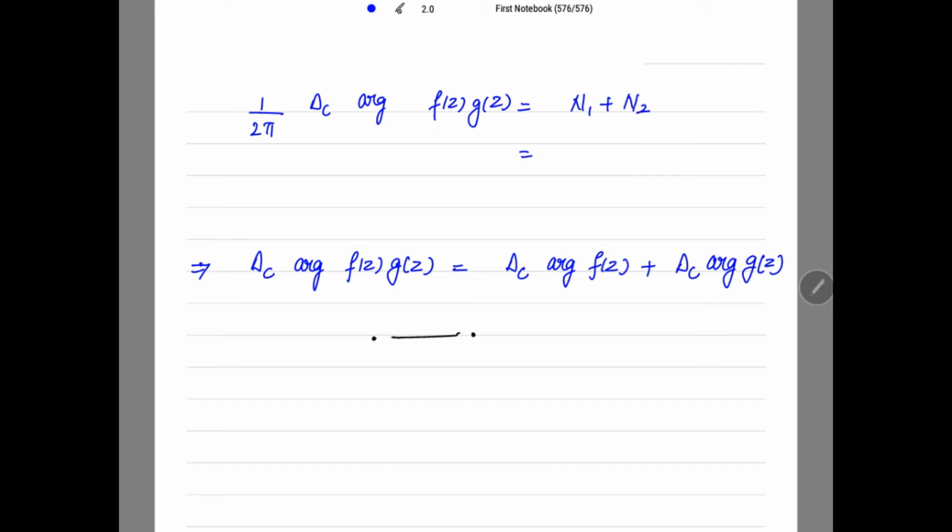And yes, n1 is nothing but 1 over 2π Δc argument of f(z) plus n2 is nothing but 1 over 2π Δc argument of g(z). Right? Take this 1 over 2π, cancel on both sides. You will get finally Δc argument f(z)g(z) is equal to Δc argument f(z) plus Δc argument g(z).